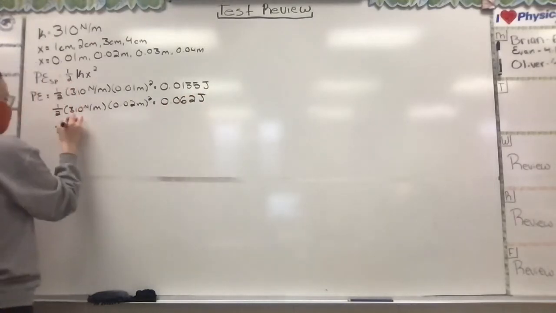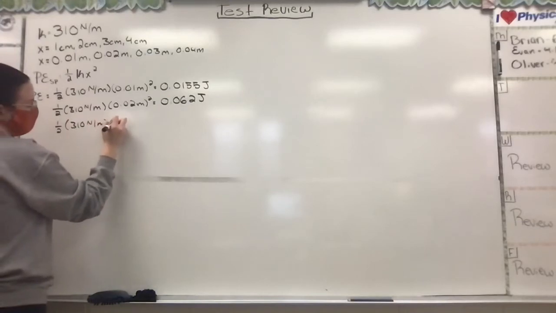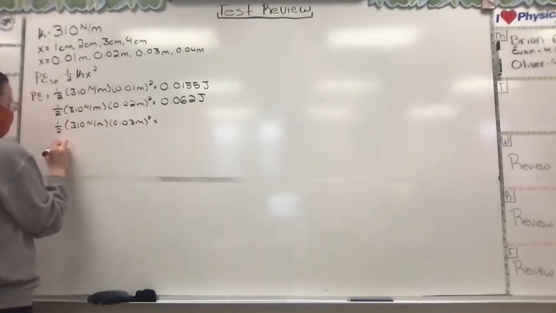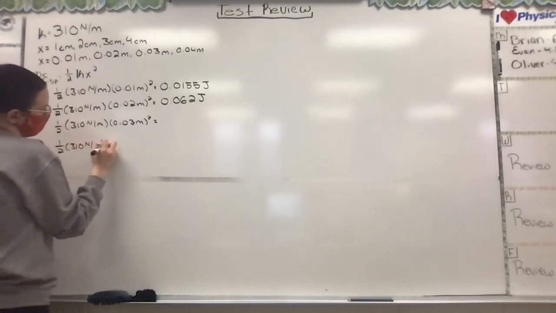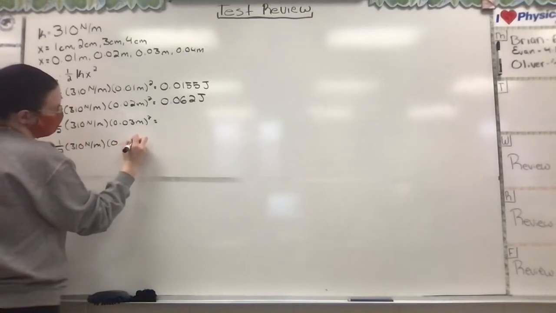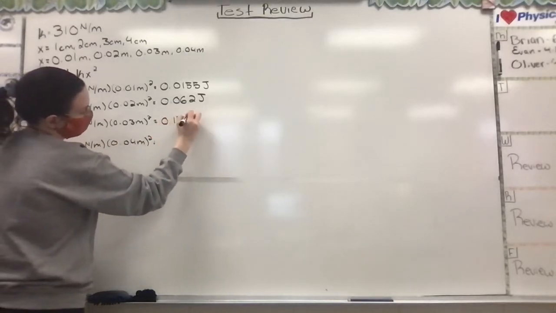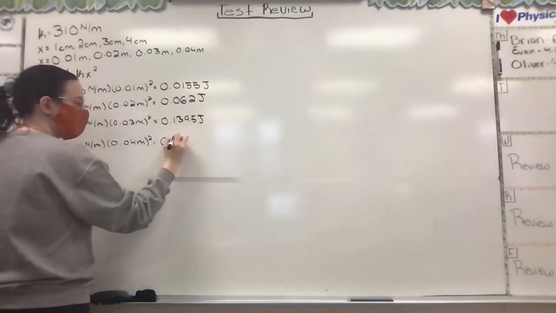Awesome. Does anybody have it for 3? 0.1395. Does anybody have it for 4? 0.24 or 25.